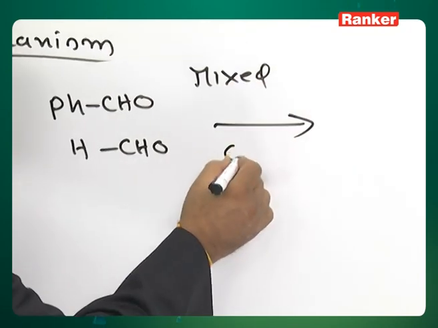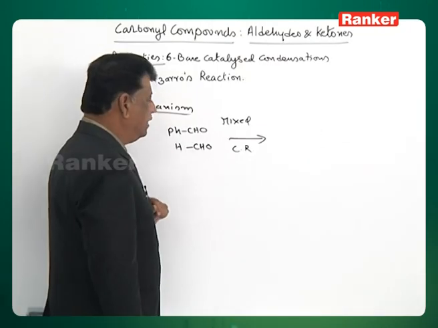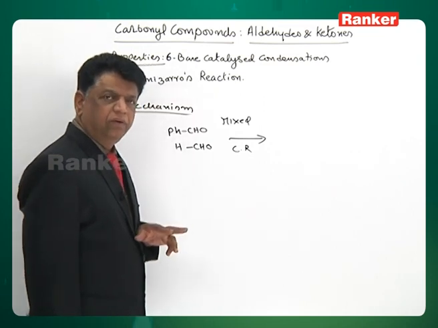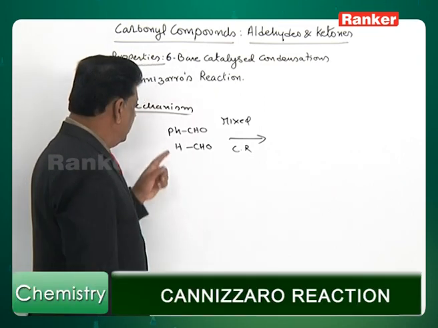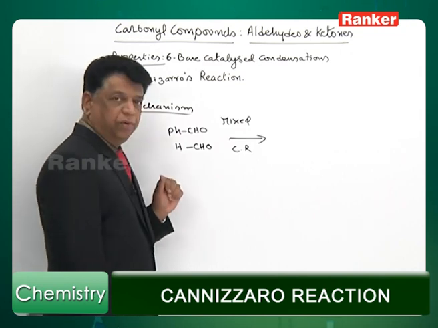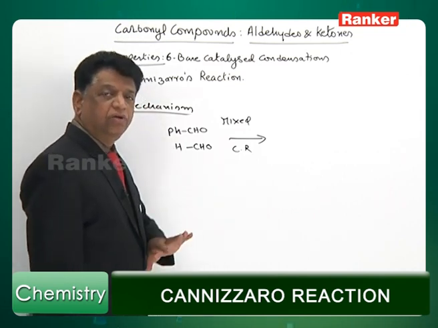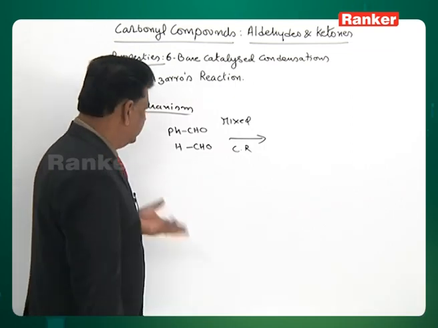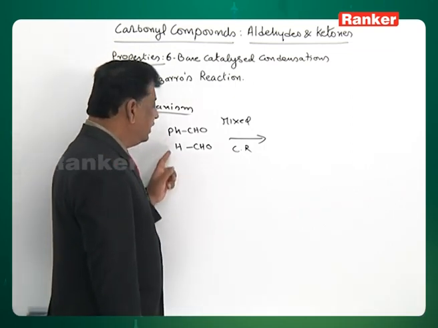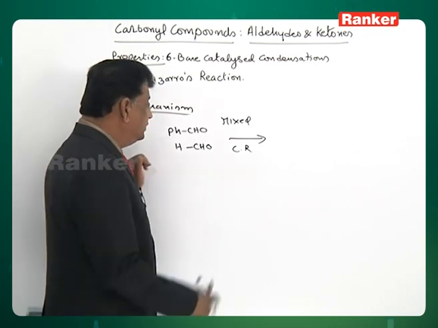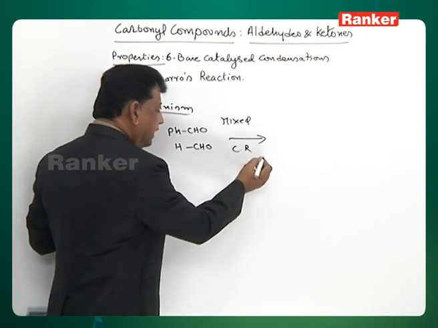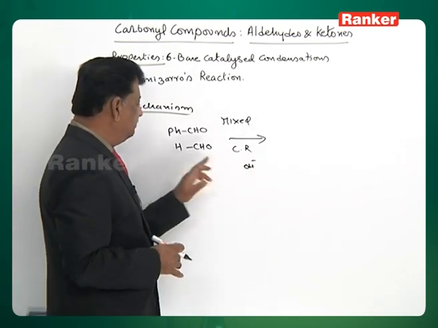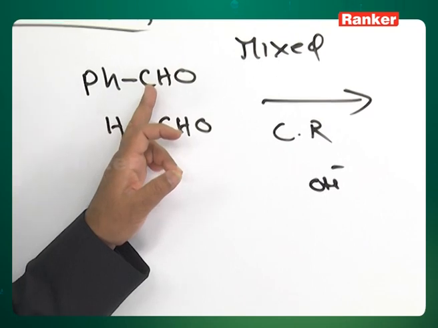In this Cannizzaro reaction, as I said, when 2 benzaldehydes are taken, one will be oxidized and the other reduced. Now, these are 2 different compounds. So, if you decide which undergoes oxidation, automatically the other one which undergoes reduction is identified. So, first, which undergoes oxidation? The one on which OH minus first attacks. Will OH minus attack on the formaldehyde or benzaldehyde?